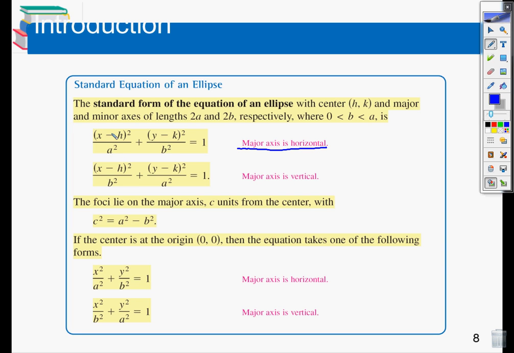Right? So that means that the entire ellipse is going to be wider. And then if I look at this other one where the major axis is supposed to be vertical, that A value is now paired up with the y's, meaning that major axis is going to be longer in the direction of the y's.